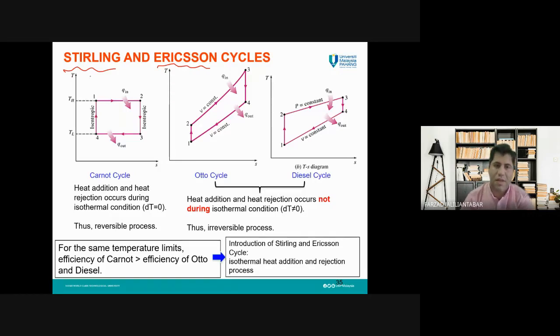These two cycles are not that new, but they have recently become popular for scientists and industry because of some interesting characteristics which these cycles have.